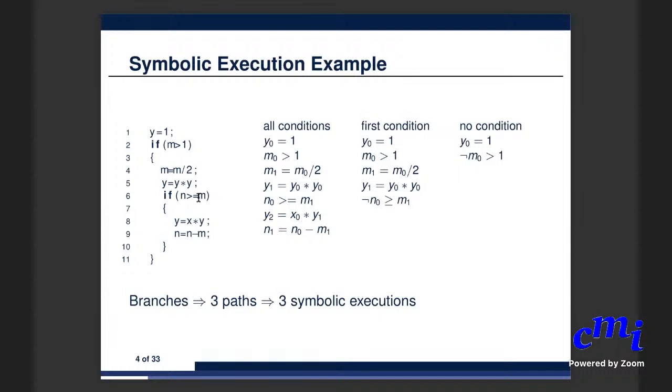So in those scenarios where the state that you encounter after line 5 is such that the condition on line 6 will be false, then this is the execution path that you would be taking.